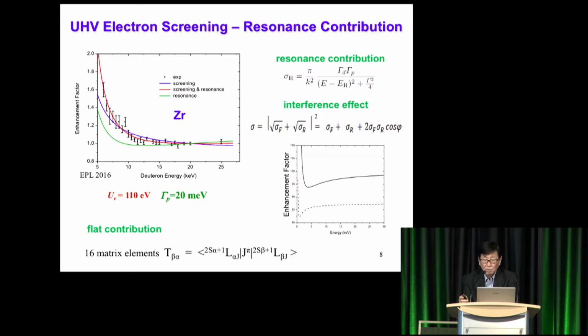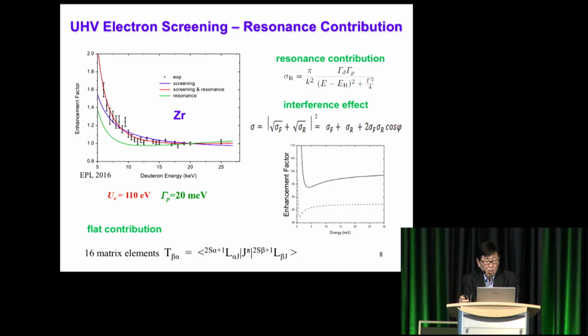In the upper figure, the blue curve, which included only the screening effect, cannot correctly describe the experimental energy dependence. Experimental points for energy below 10 keV are systematically above the curves, whereas the points for energy higher than 10 keV are below the theoretical curve.